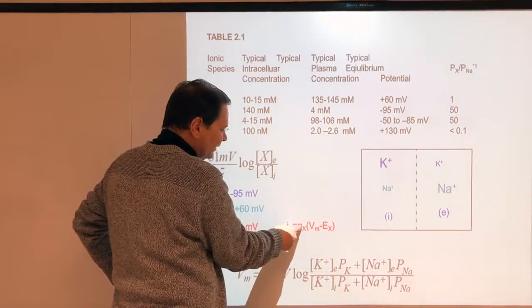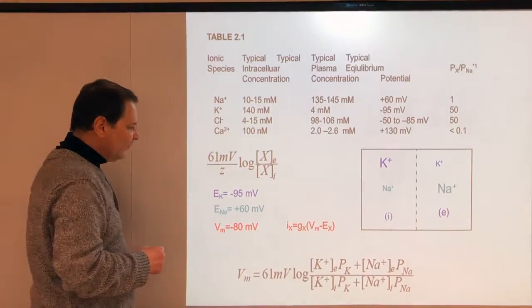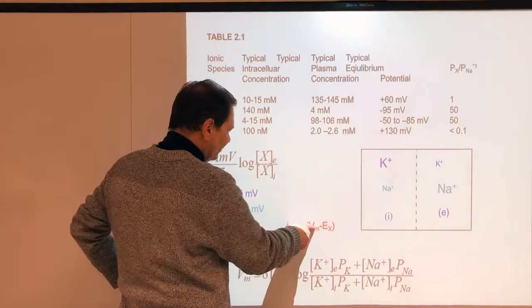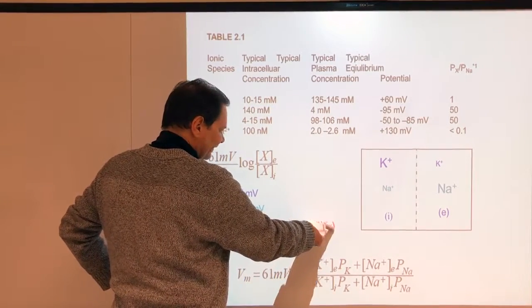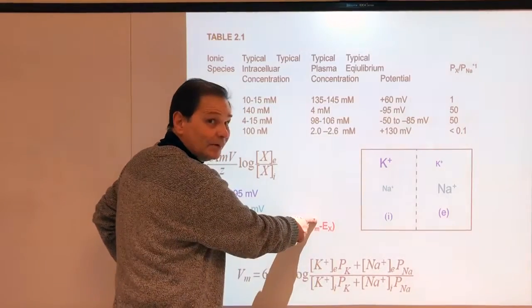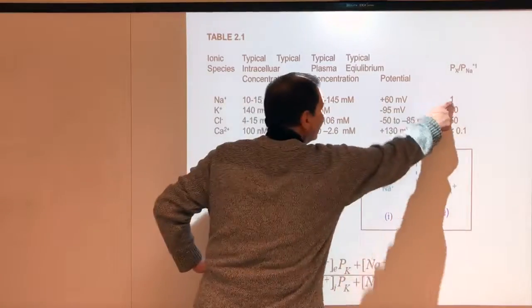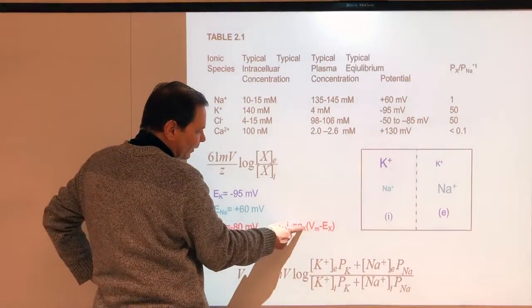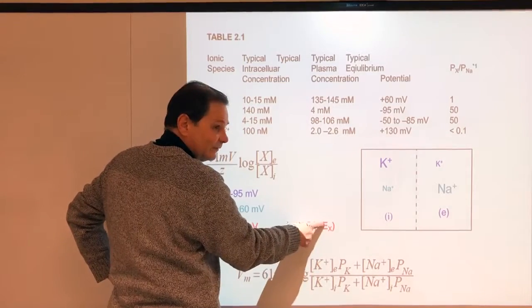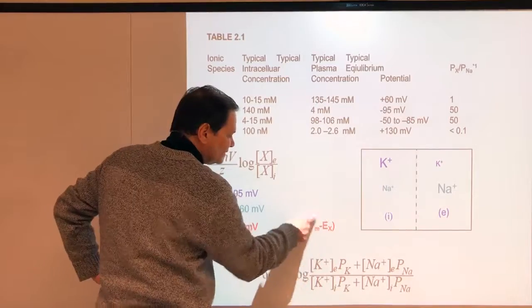So I have a large number here and a small number here. Now if we take a look at sodium, minus 80 is really far away from plus 60. So minus 80 minus plus 60 gives me a very large negative number, equal and opposite. But my sodium permeability is relatively small. So in the case of sodium, I have a small G and a large potential difference.